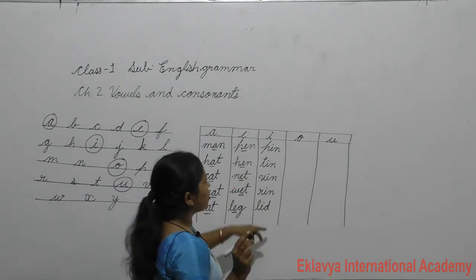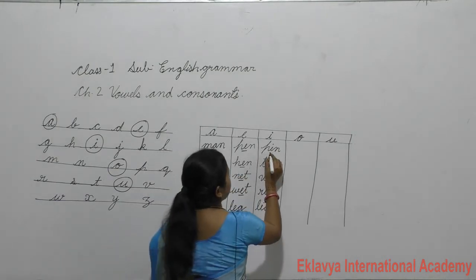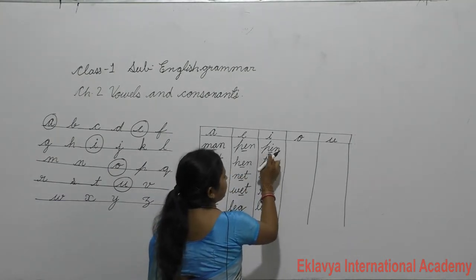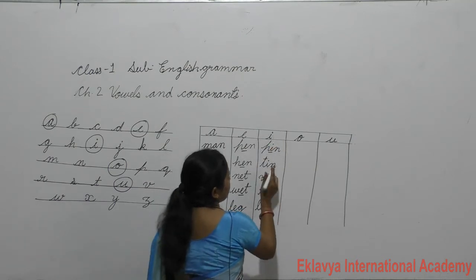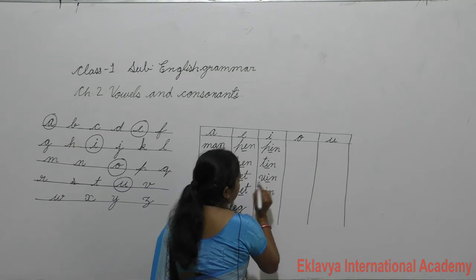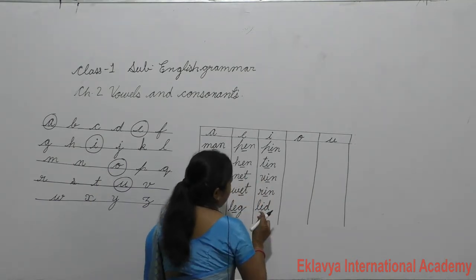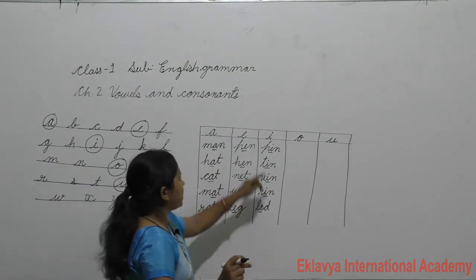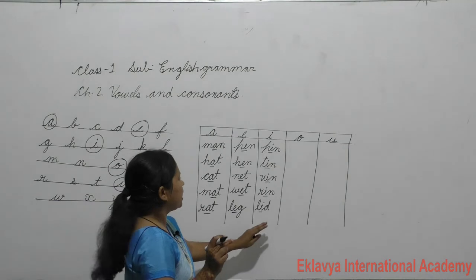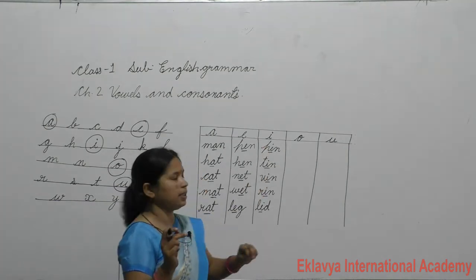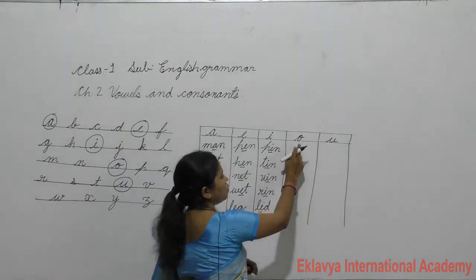Notice these are I sound words, and the middle letter is I. P-I-N: between P and N the letter is I. I sound word, and I is a vowel. Pin, tin, win, rin, lid. We call these I sound words. And next, O sound words, with the vowel letter O.